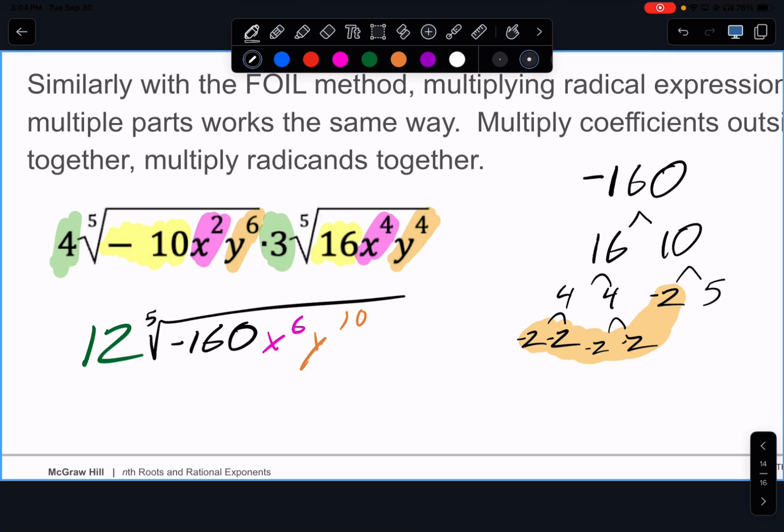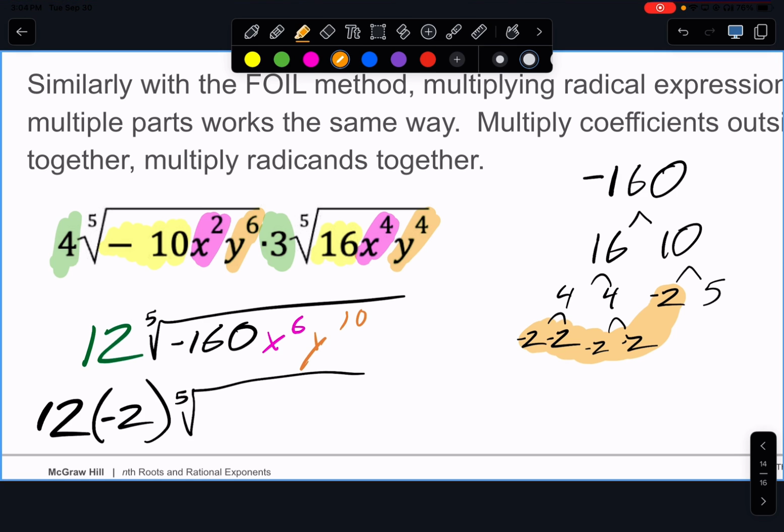So it's going to be 12 times negative 2 times the fifth root of, because we still have this 5 left over here, we've got to put that inside our radical. So the fifth root of 5. Now we're going to do our x's. How many times does 5 go into 6? 1 time, right?